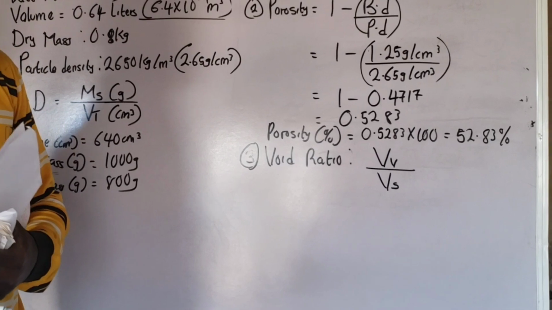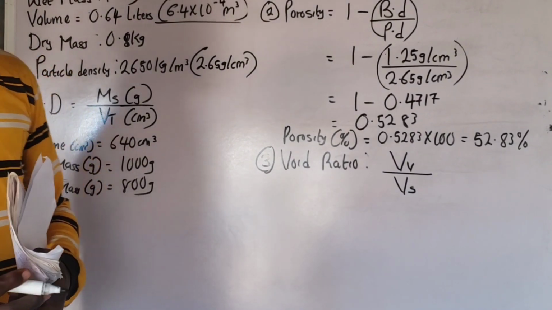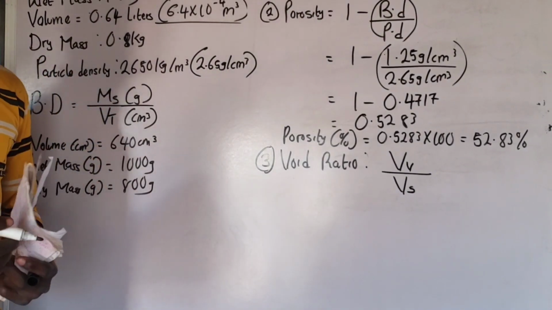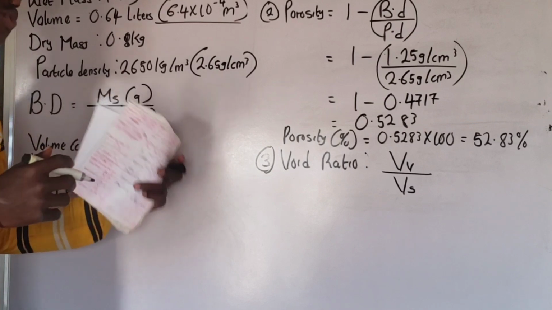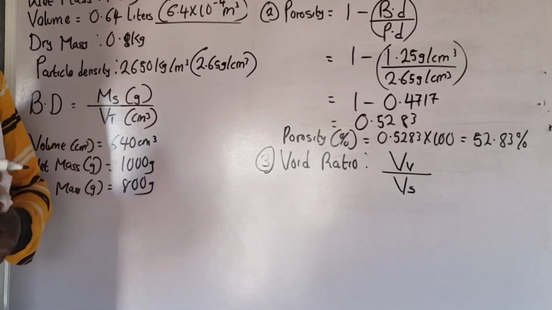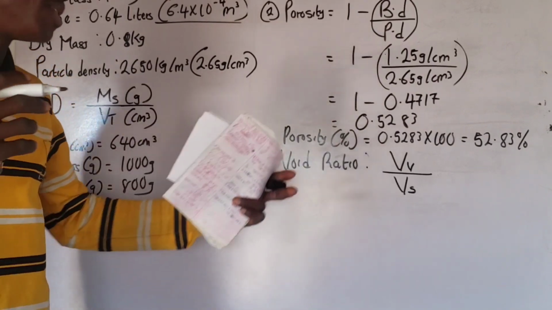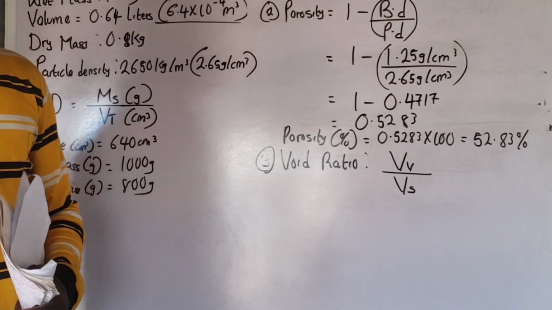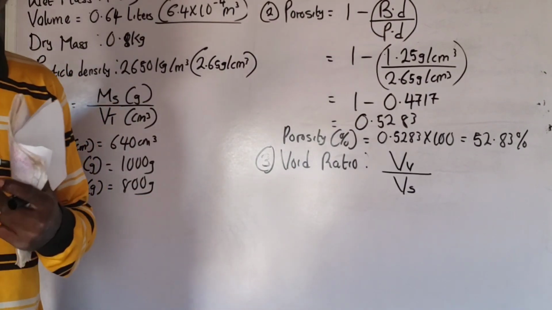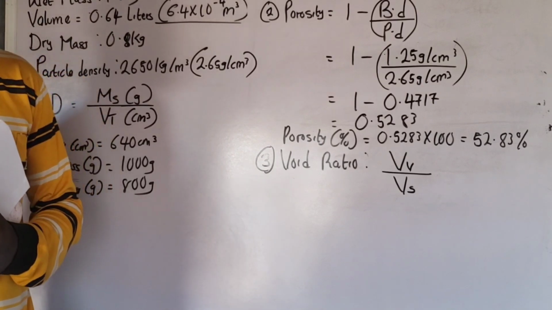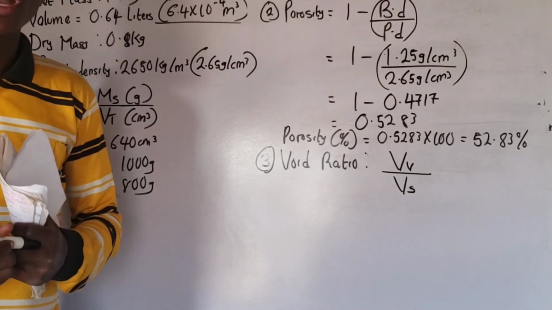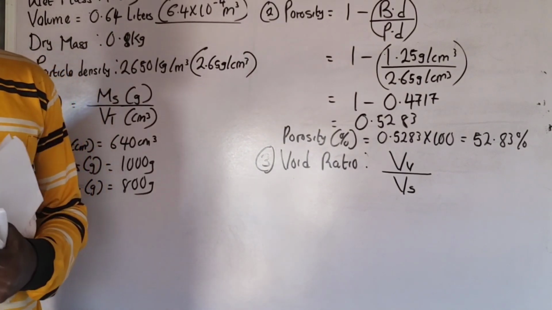What is the difference between void ratio and void space? I'm going to explain. With respect to this question, you can make use of the formula that we use to calculate the void space to determine the void ratio. Are you paying attention? But there are some cases whereby you are going to be given the specific gravity. In the question, we haven't been given the specific gravity, we are only given the particle density. You understand?